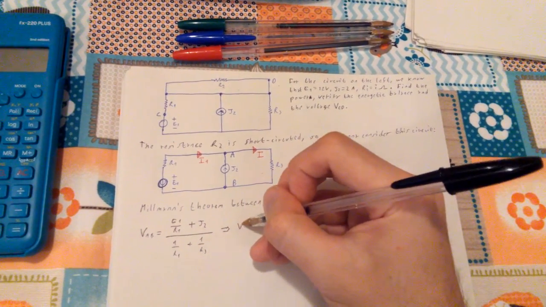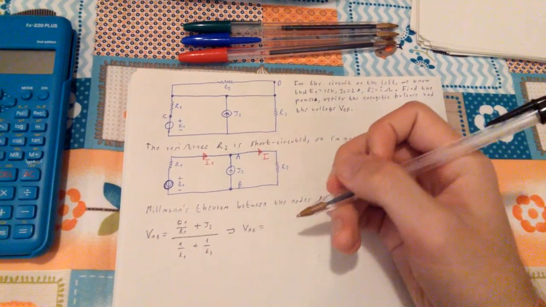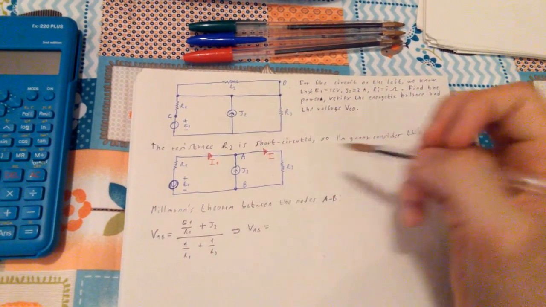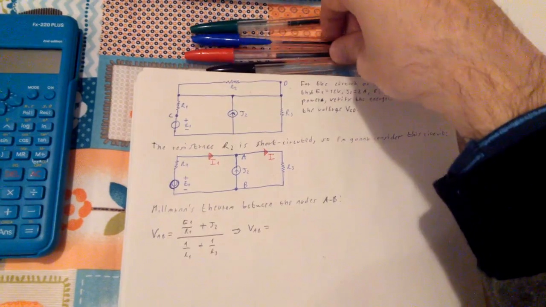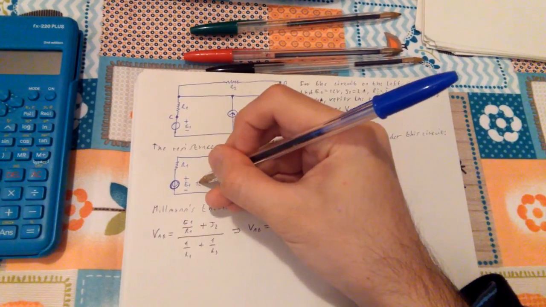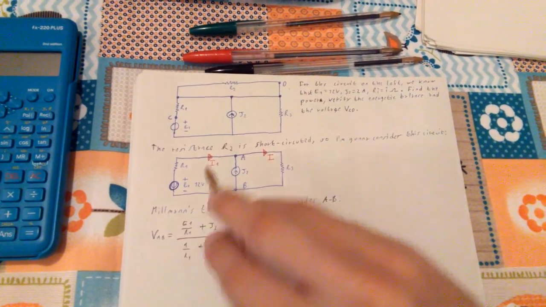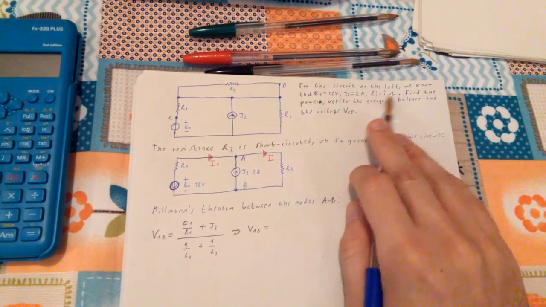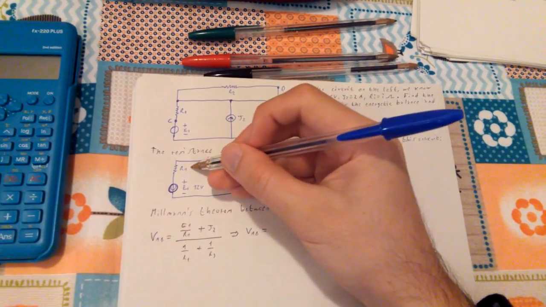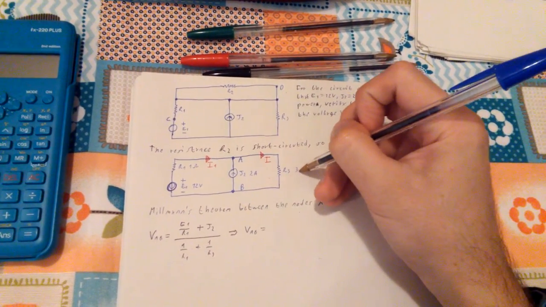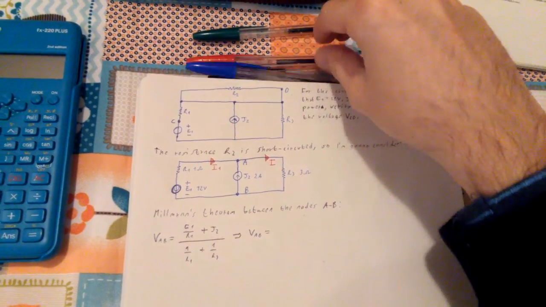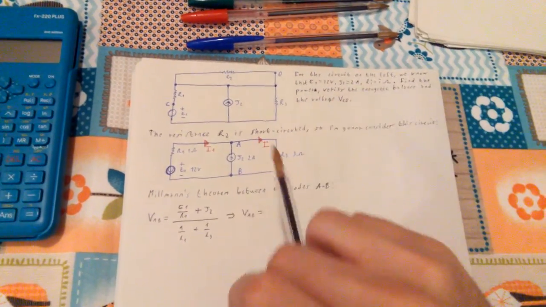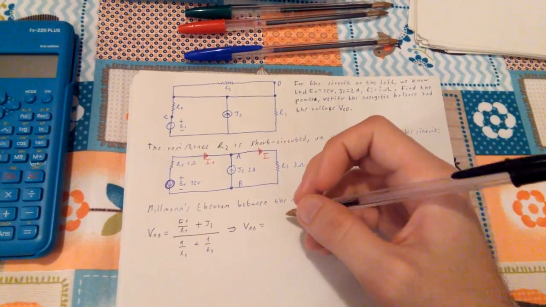So VAB, if we plug numbers into this, well, let me just write them next to the drawing. E1 was 12 volt, J2 was 2 amperes, R1 equal 1 ohm, so this is 1 ohm and this is 3 ohms, and yeah, we don't have anything else. It's just a pretty simple circuit.